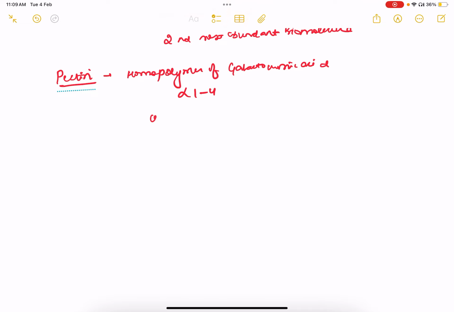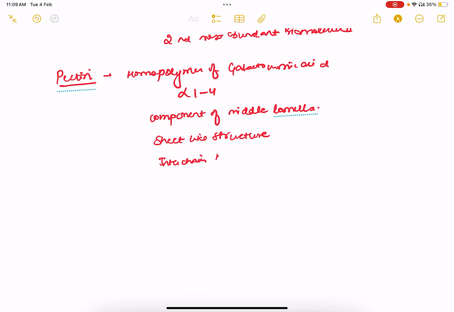It is a component of the middle lamella. That means it acts as a cementing agent between two cells. It also has a sheet-like structure like other structural polysaccharides, with interchain hydrogen bonds.